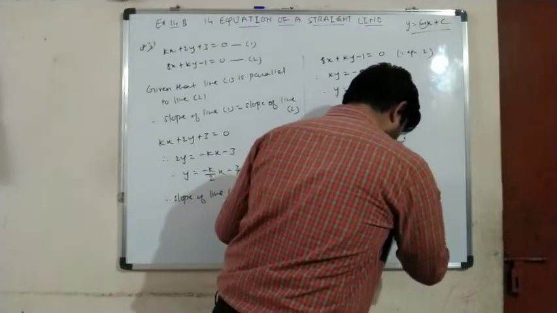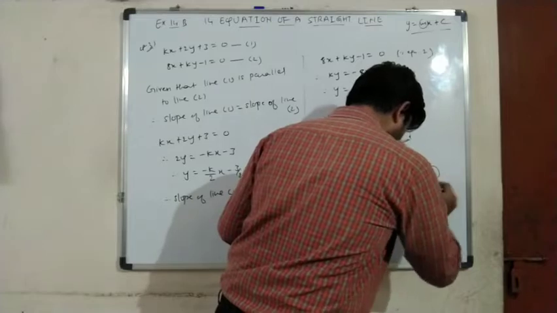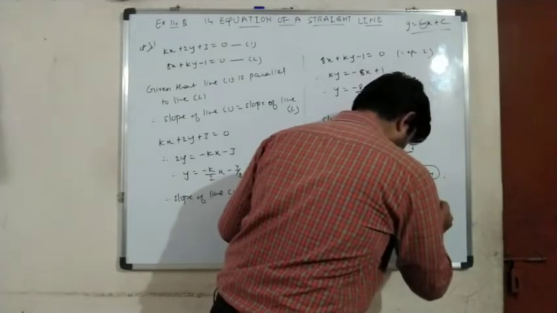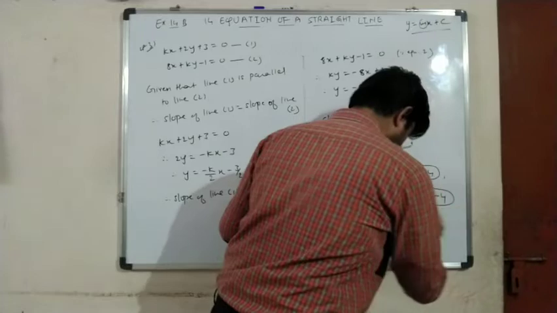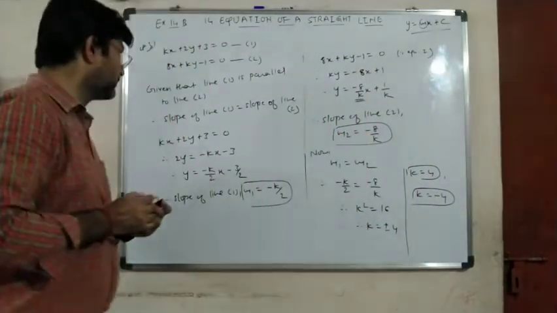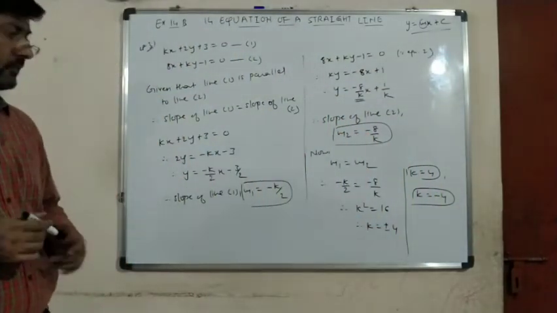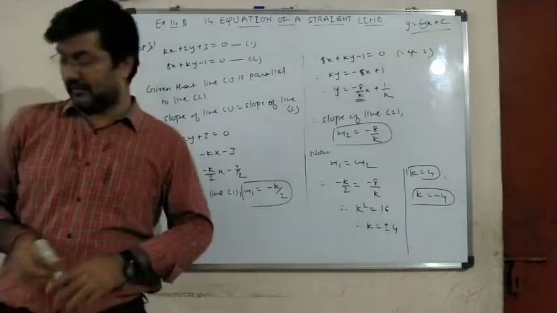Okay, so we have two values of k. k is 4 and k is minus 4. Clear? So we have got the two values. One is 4 and the other one is minus 4.